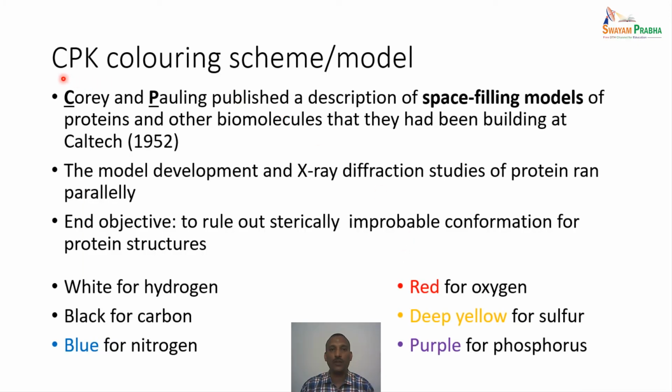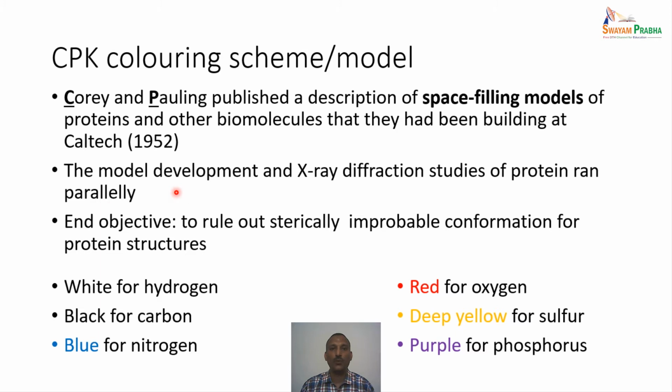Before we go into that, I'll just give brief information about the color coding which is used in chemistry. So we generally use the CPK color scheme. This was developed by Corey and Pauling, who used a space filling model in 1952, and it was later improved by Koltun. In this model they used X-ray diffraction studies of proteins.